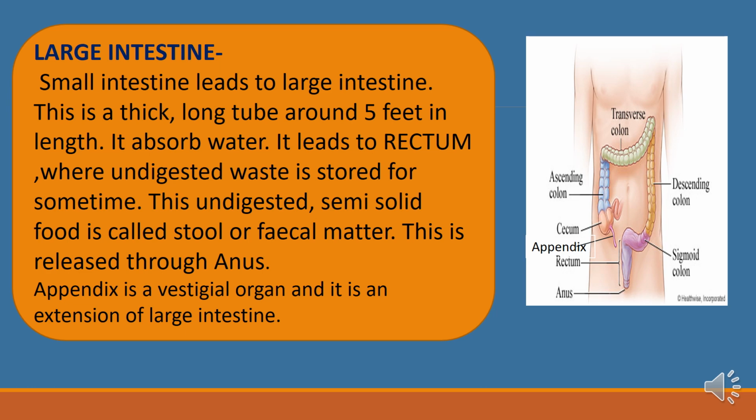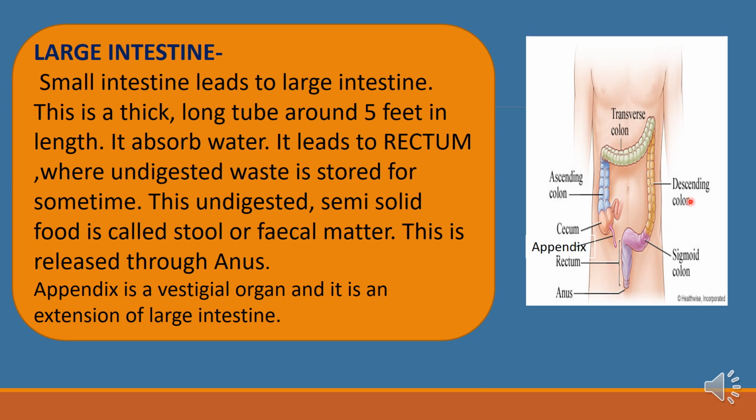Now large intestine. Large intestine is also a tube-like structure, but this is somewhat shorter than the small intestine. It is around 5 feet in length, and the main function of large intestine is that it absorbs water. Okay, then there are three parts of large intestine: cecum, colon, and rectum.